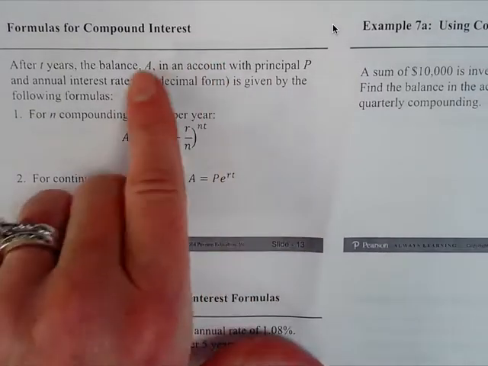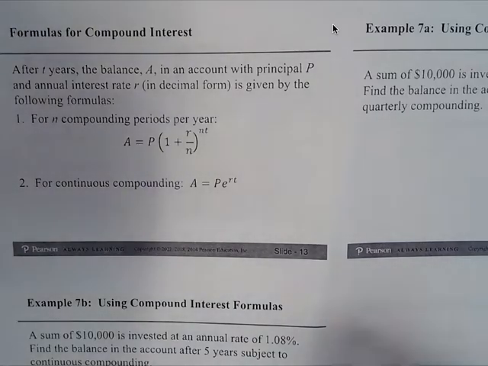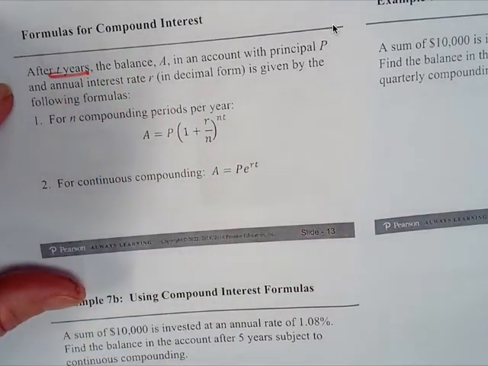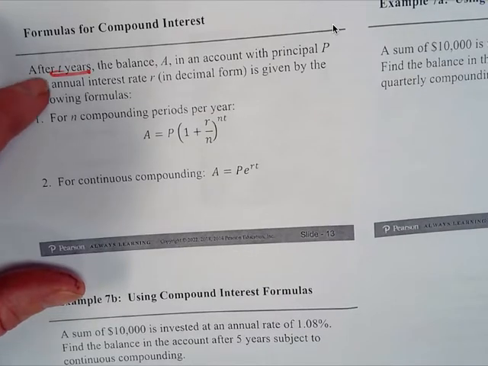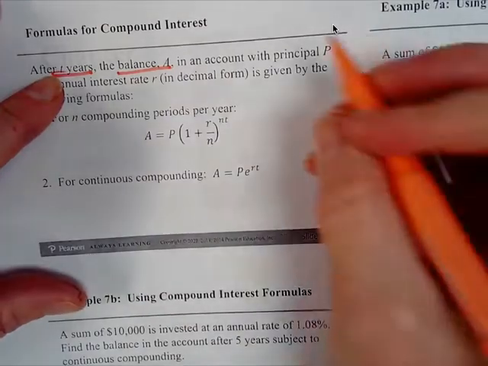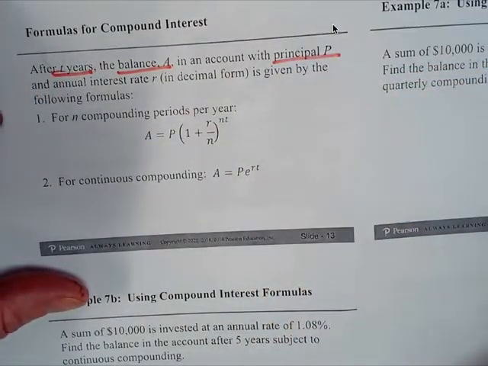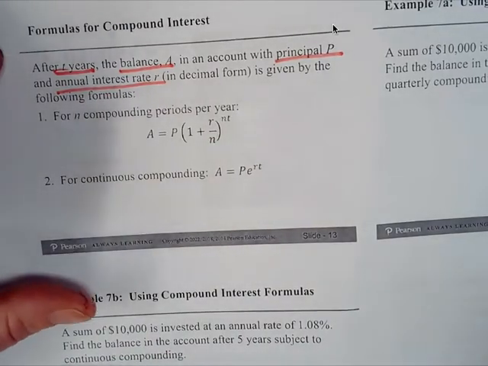But thankfully we have a calculator this time. Let's talk about what each letter means. T is years. The balance A in an account with P principal, annual interest rate R in decimal form.